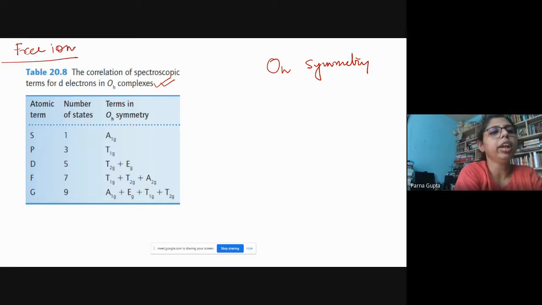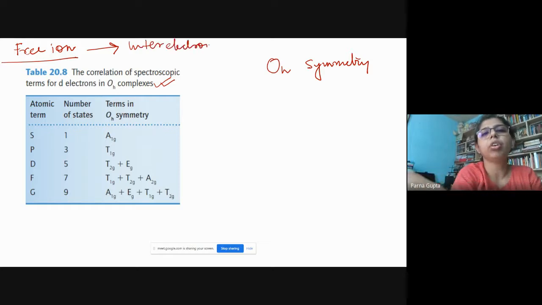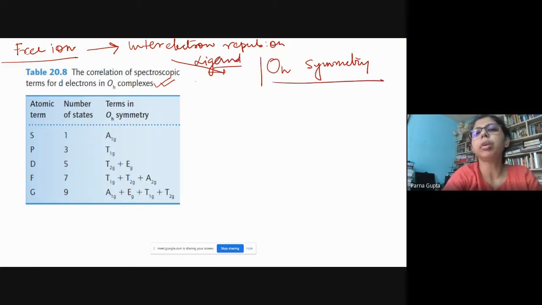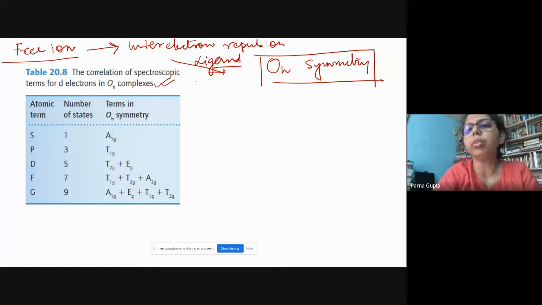There is an energy order in a free ion, and then we have taken inter-electron repulsion, there is one order, and now we are putting the ligand, and with this ligand you have octahedral symmetry, the simple symmetry we have.